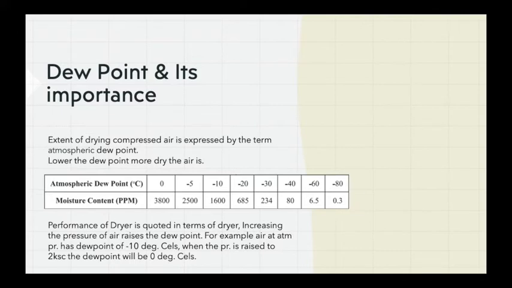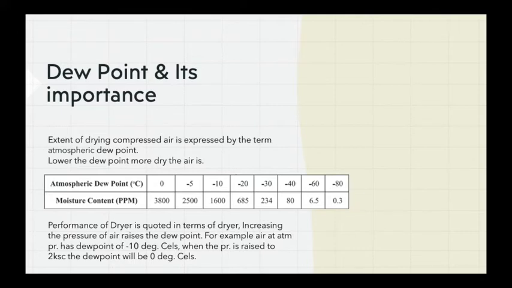Now, I hope you all are clear with Dalton's law of partial pressure. As the pressure increases, so does the quantity of moisture in the air. Therefore, a pressurized dew point will show 0 degrees Celsius for the same air whose dew point is minus 10 degrees Celsius at atmospheric pressure.